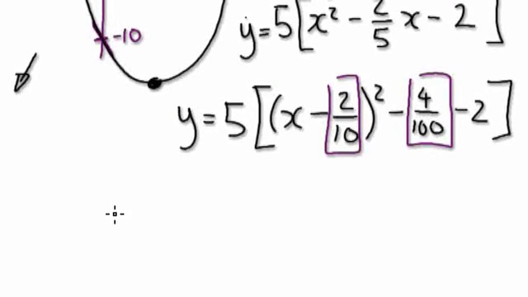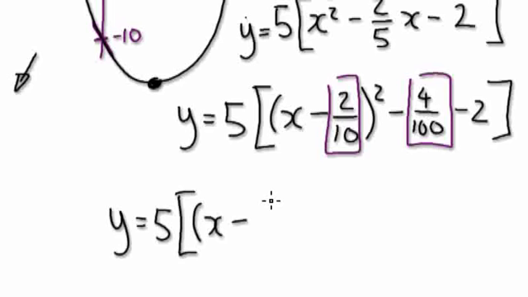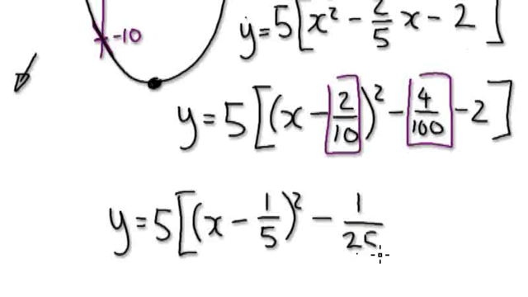So let's do this as y equals 5 bracket x minus, divide top and bottom by 2, so this will be 1 over 5 squared, minus, divide top and bottom by 4, so this will be 1 over 25, minus 2 here. Okay.